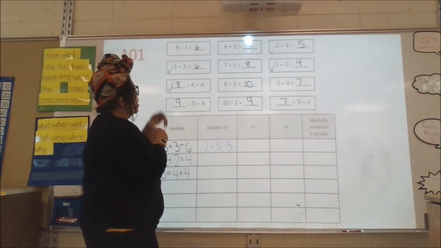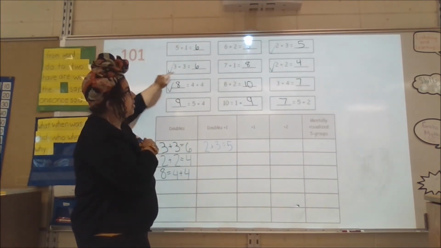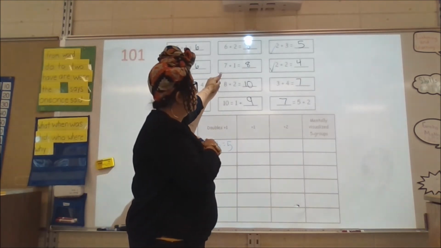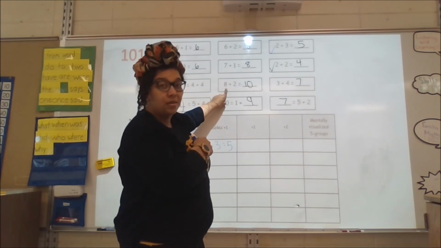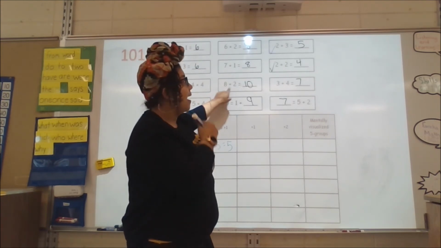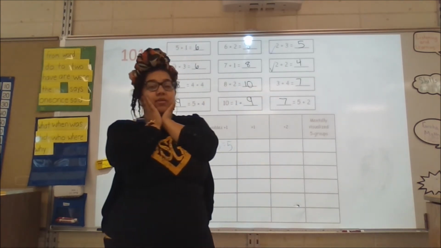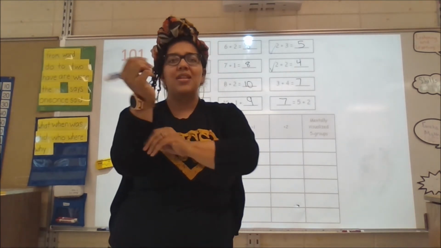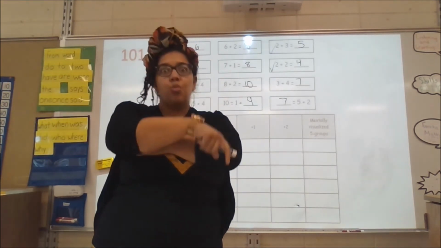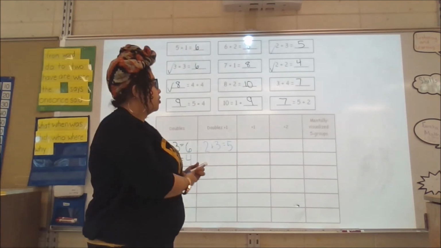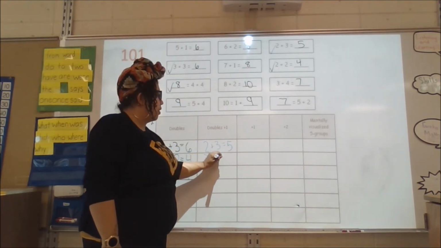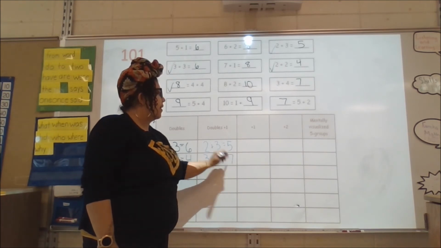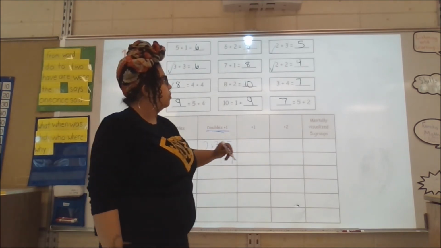Let's keep going. We don't need to check this one again. We've already used it. Is 7 plus 1 a double plus 1? No. Skip. Is this a double plus 1? How about 3 plus 4 is equal to 7? Well, we talked about this one already. We said 3 plus 3 plus 1 more was 7, which means 3 plus 4 is equal to 7 is a double plus 1.